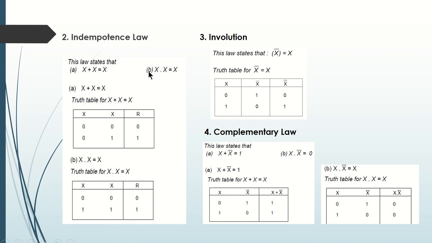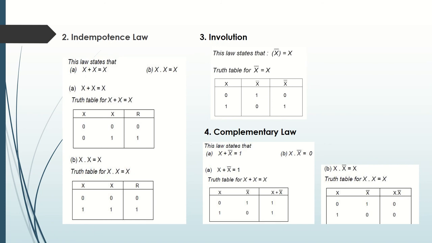Now if you apply the principle of duality, replace OR with the AND operation, so x dot x is equal to x. From this law onwards, for each law there will be two statements. If you write one statement, the other can be written by writing the duality of the same.